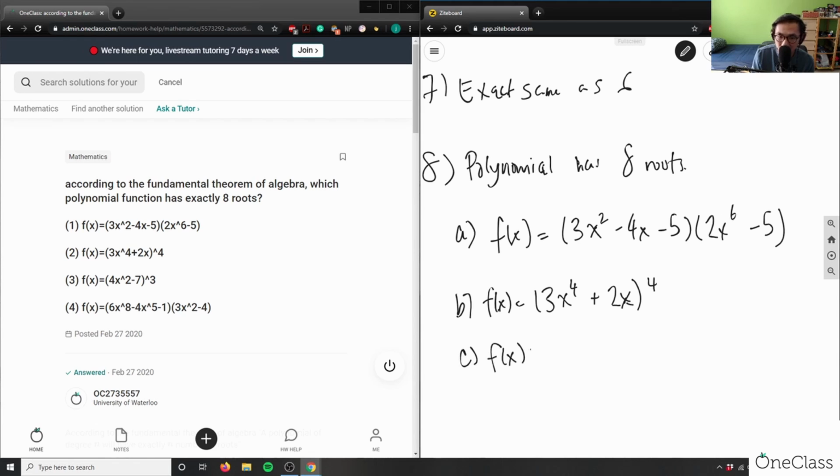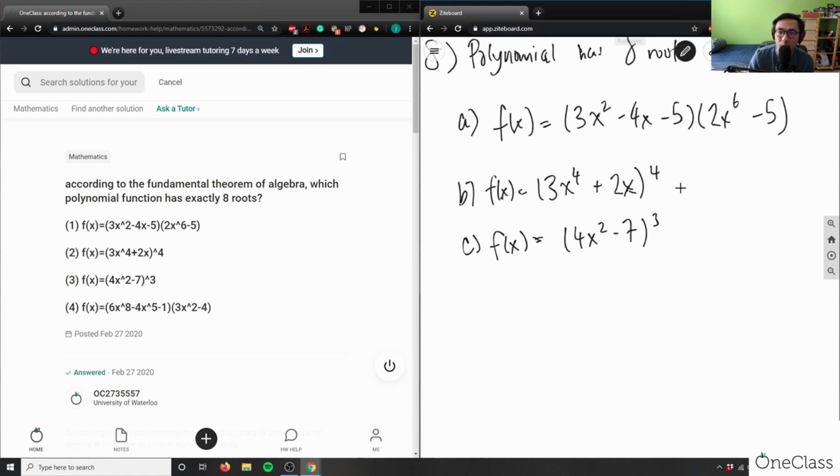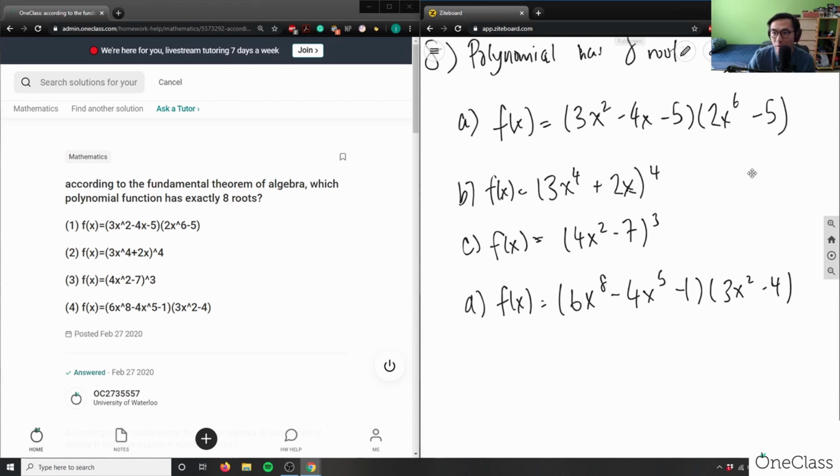C states that f of x equals 4x squared minus 7, to the power of 3. And finally, D here is f of x equals 6x to the power of 8 minus 4x to the power of 5 minus 1 times 3x squared minus 4. So I have four functions here.